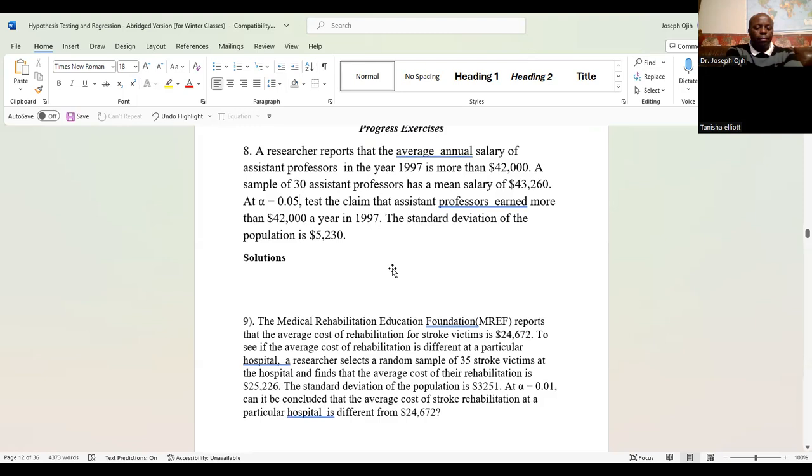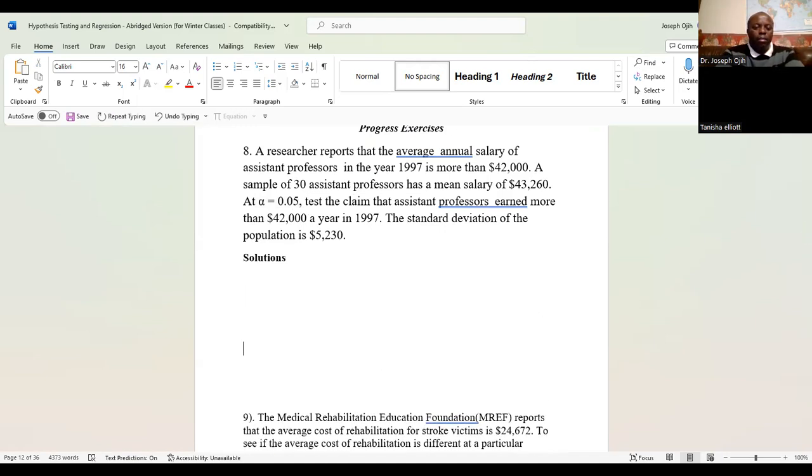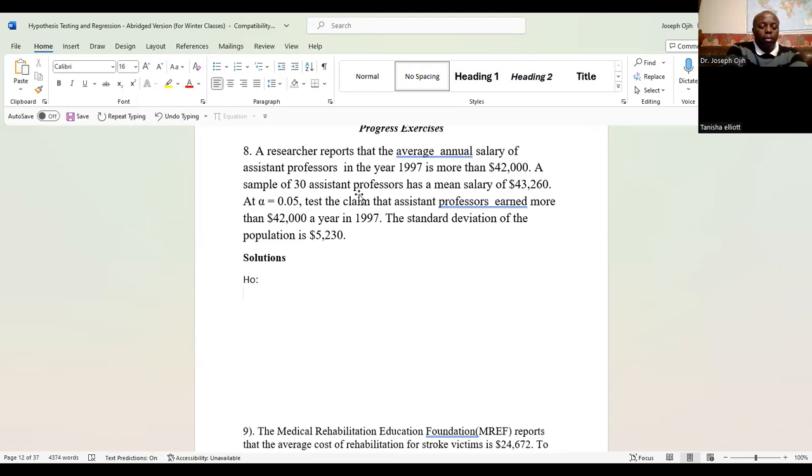First of all, we need to state the hypotheses and identify our claim first. H0, H1. You see that we are to test the claim that the assistant professors earn more than.